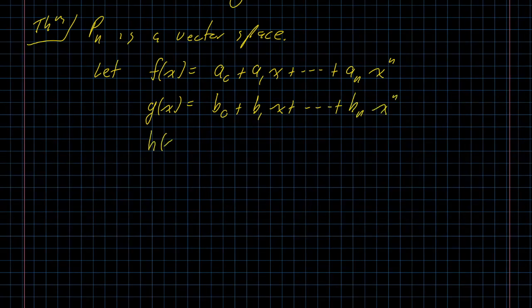And polynomial h of x is going to be the c's, c naught plus c1x plus all the way down to cn x to the n. I'm also going to need a couple of constants other than a, b, c, f, g, and h. So I guess I'll use k and l.